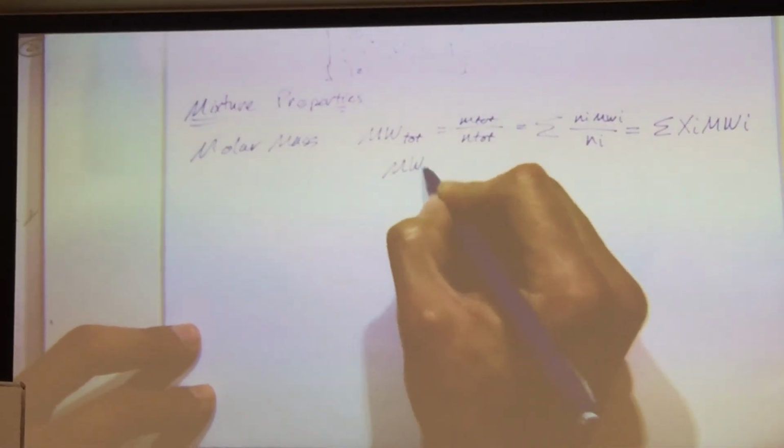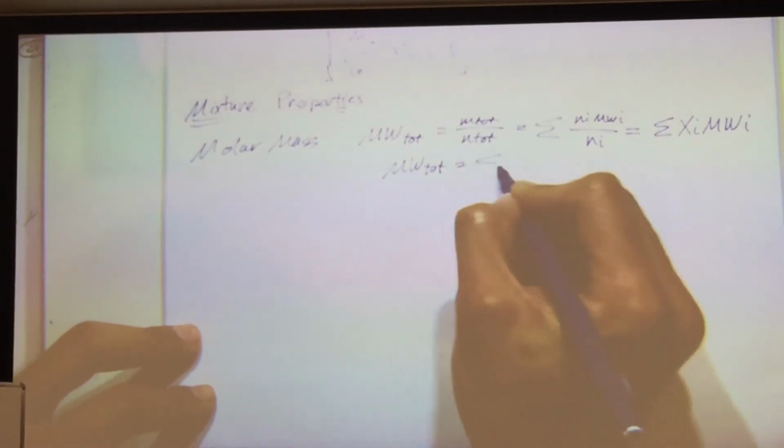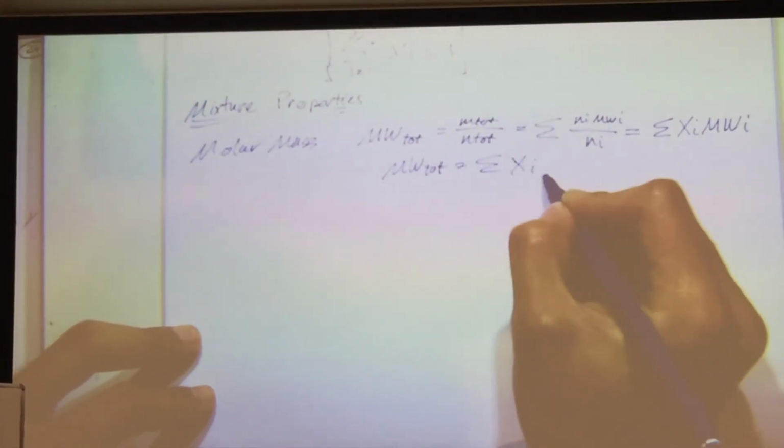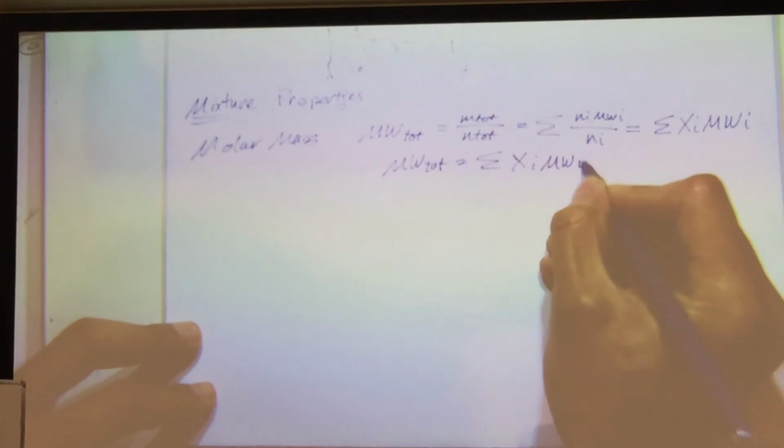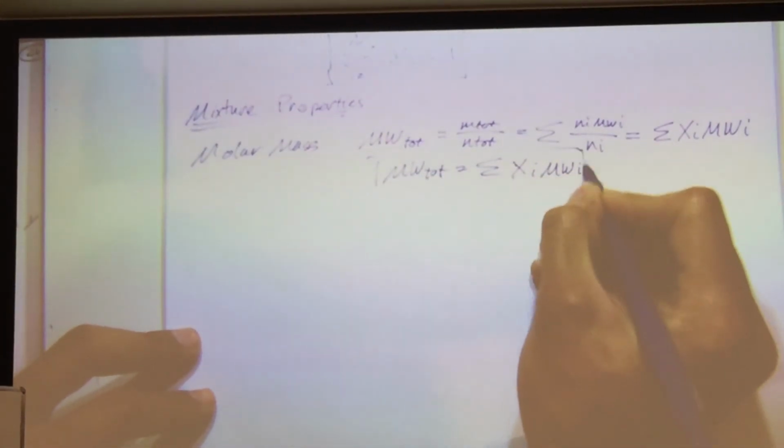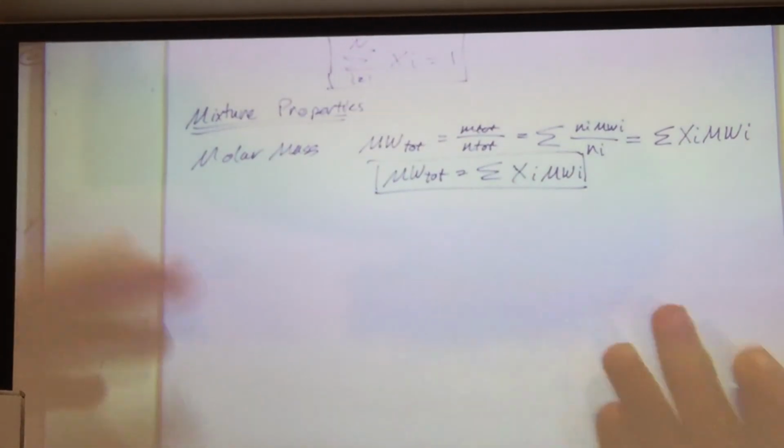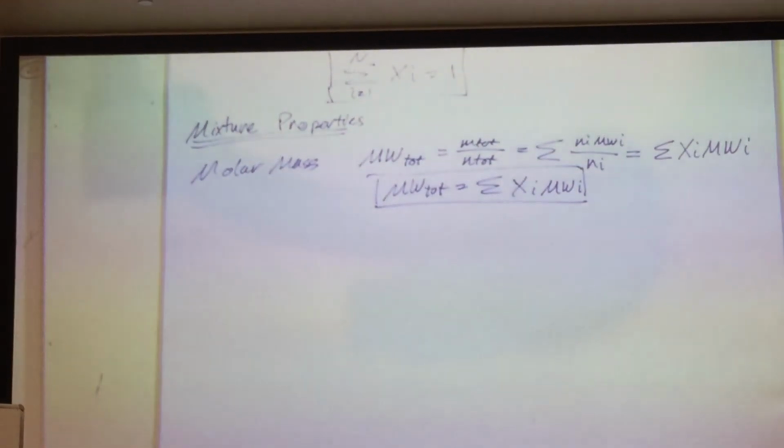So MW total is equal to the summation of each individual mole fraction multiplied by each individual molecular weight. And it's from the definition that we just created.